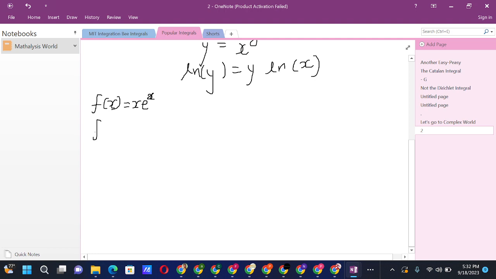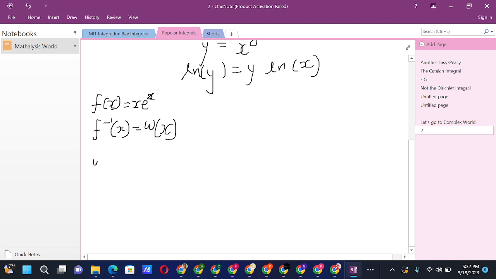So we define f inverse of x to be the Lambert W function of x.